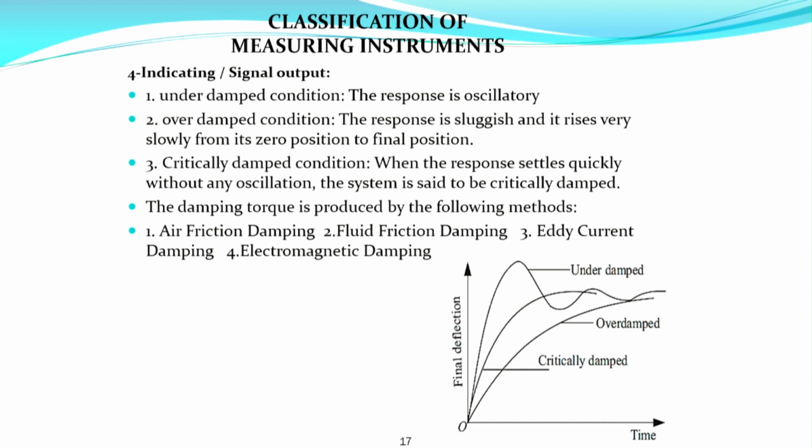Depending on this response, the under damped response oscillates over the normal damped response, and the over damped response is slow and sluggish, below the normal damped response. The critically damped response becomes stable directly, without any oscillation or overshoot of the final value.